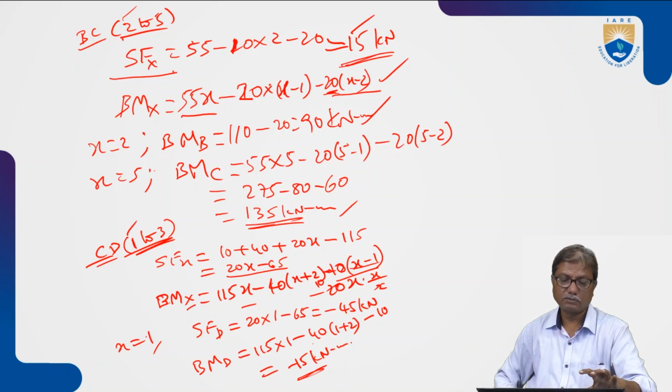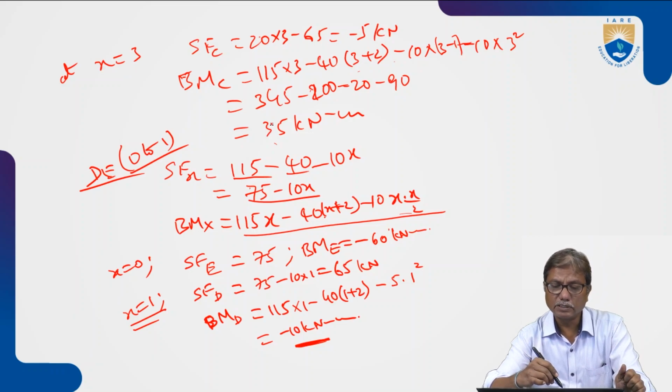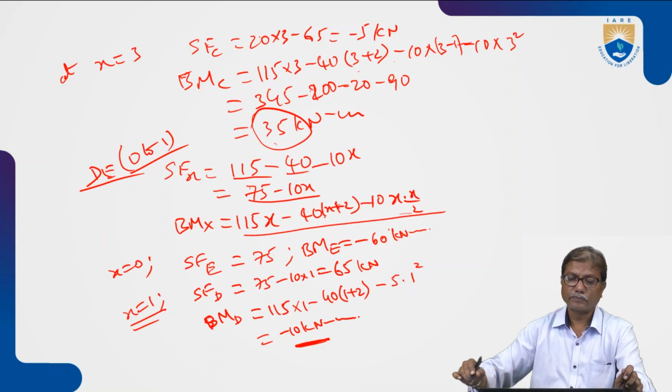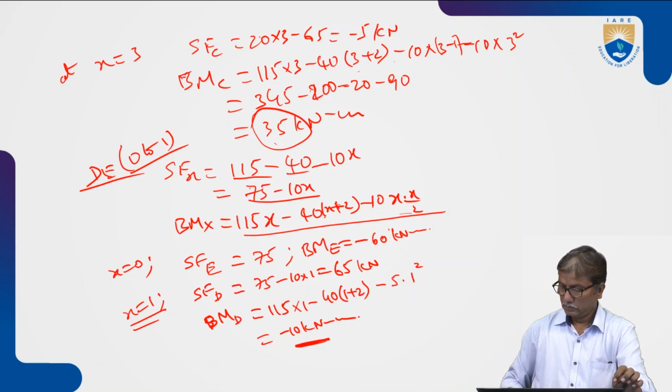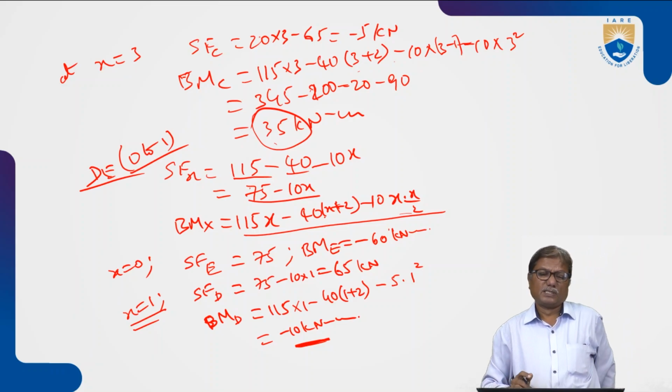At C equal to 1, we will be getting bending moment at D, 15. Bending moment at C will be 135. It will not be different. 135 it should be. So bending moment at D is minus 10.